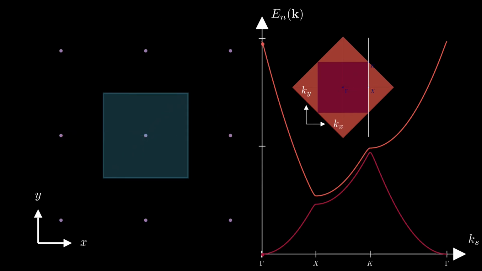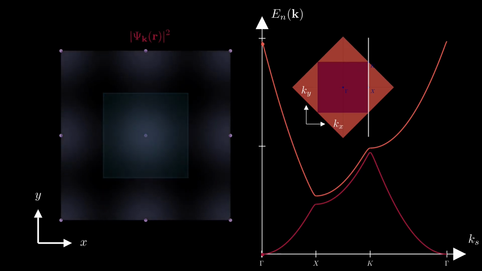There is one last bit to address. Let's look at the periodicity of the electron density probability for a range of values of k.